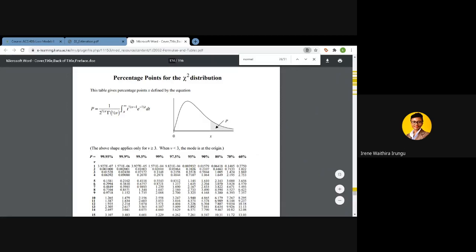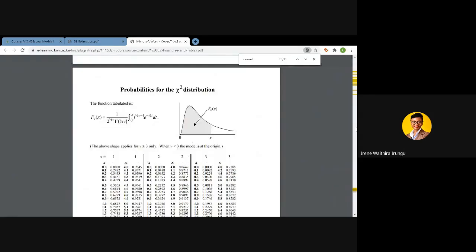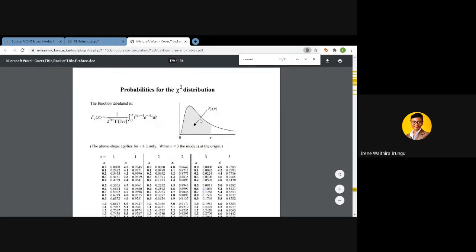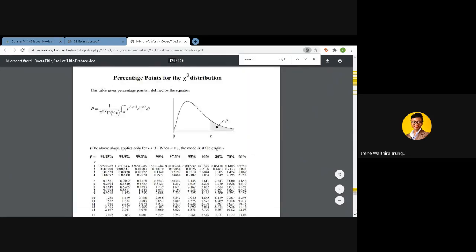So you can see the difference. This is the one that is actually giving us the probability P, which we are seeking, which is different from the original graph. What that graph is showing is actually the CDF of the chi-square. Our interest is on the table representing the probability, which is what we have here.